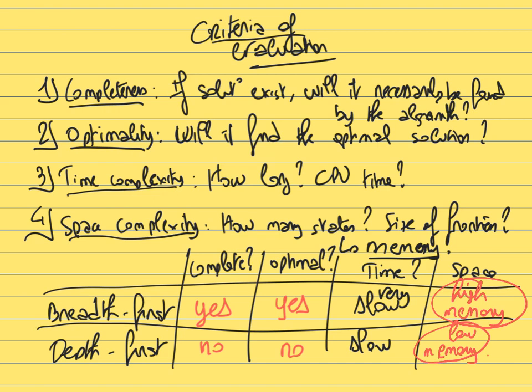But in the case of the depth first algorithm, you only go in one route, so you just need to keep in memory the states that you are visiting in this route. So every time you go to the next layer, you need to keep just one more state in memory.